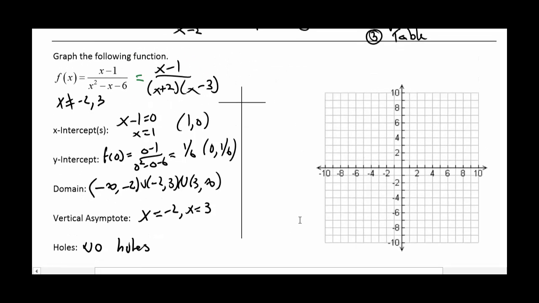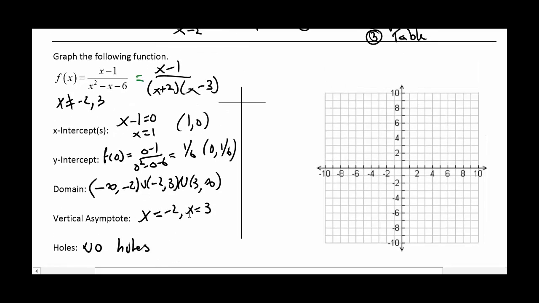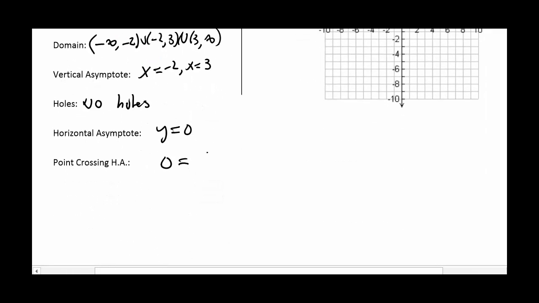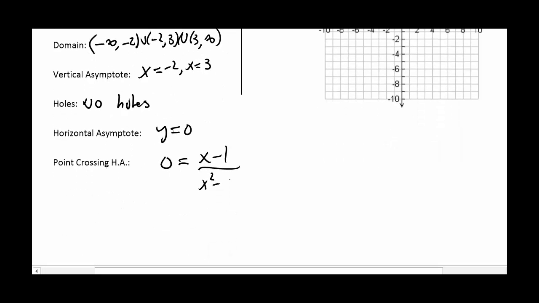And let's see, horizontal asymptote. It is a bottom-heavy rational, so that means our HA is y equals 0. And so then I want to set that thing equal to 0 and solve. So 0 equals x minus 1 over x squared minus x minus 6.